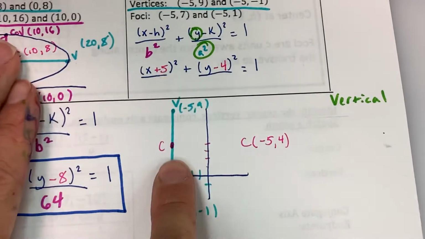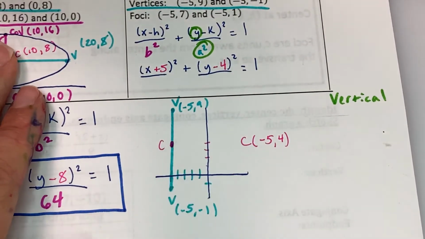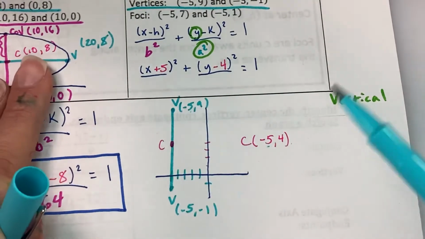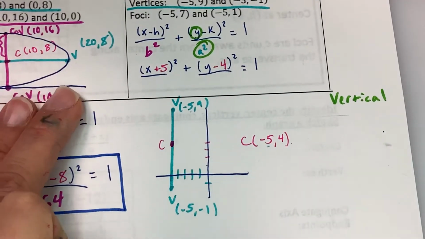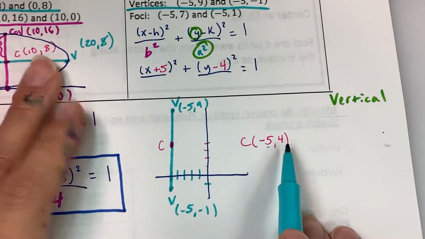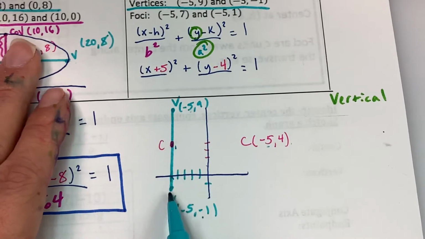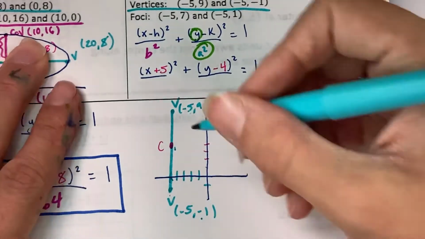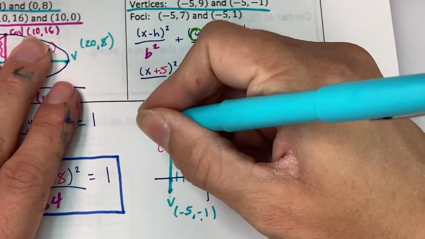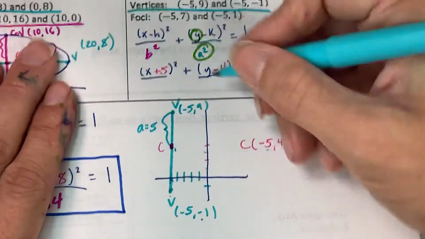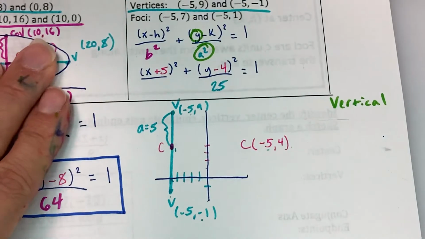Now, what we can also tell from this is my a value. So if I go from (-5, 4) up to (-5, 9), we have gone up 5 units. Same if I go from 4 all the way down to -1, that goes down 4 and 1 more, which is down 5. So that tells me that my a value is 5, which means in my equation, a squared will be 25 below my y.